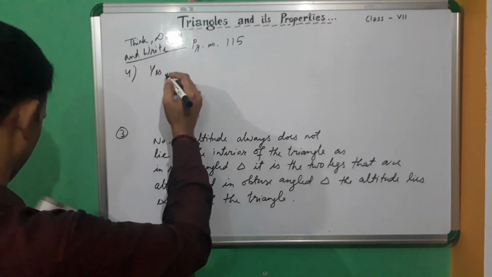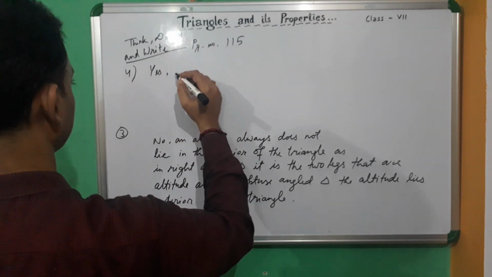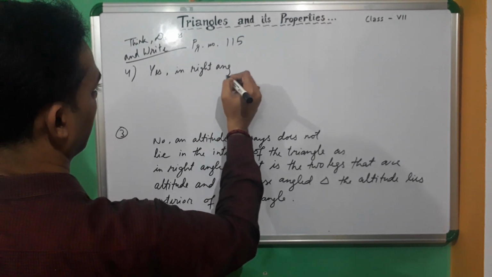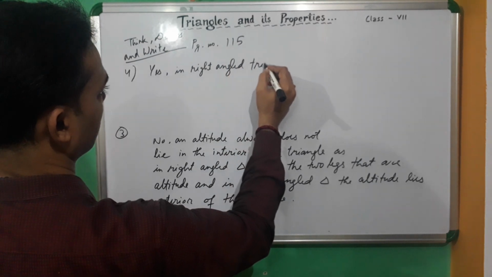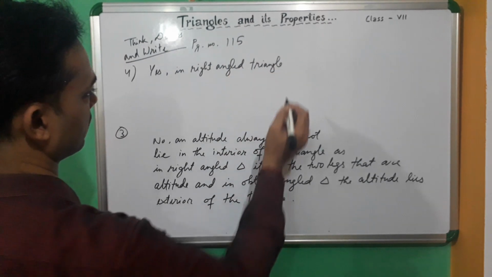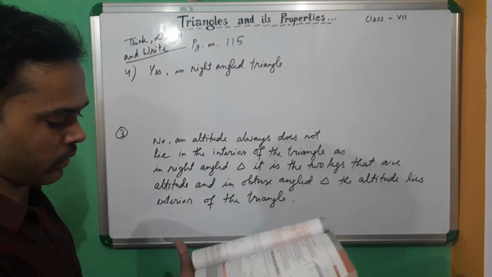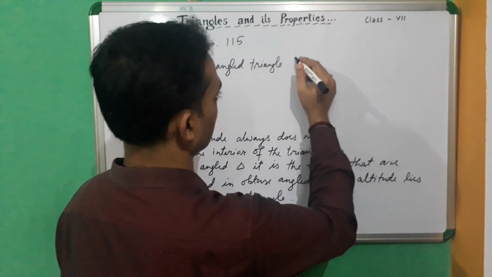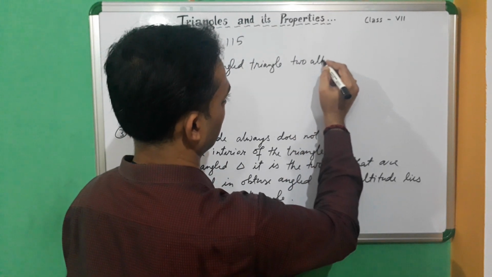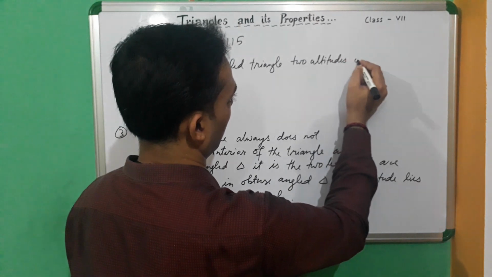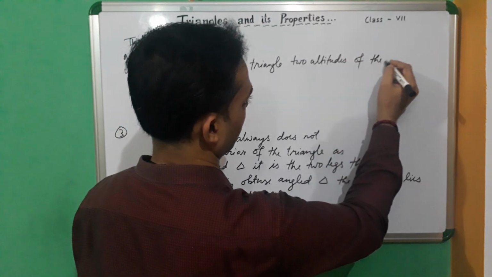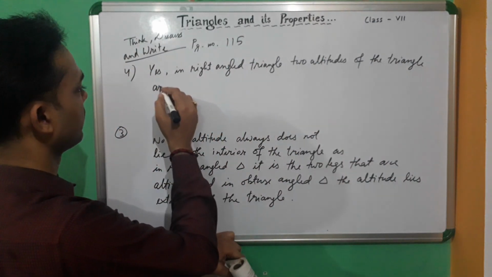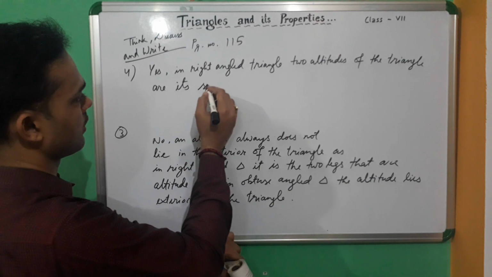Yes, in a right angled triangle, two altitudes of the triangle are its sides.